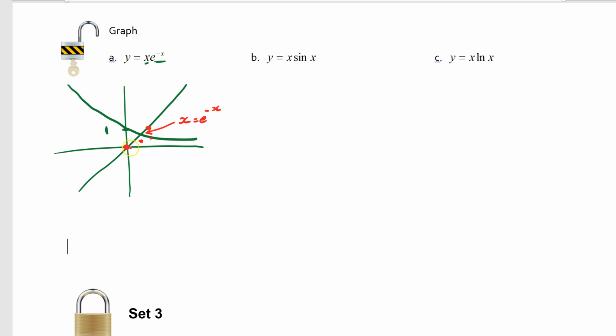When I then think about what happens out here, I'm multiplying that x value by an increasingly diminishing e to the minus x. So that's going to give us a smaller and smaller value of the product out here. And on this side, I'm multiplying negative x by a rapidly increasing positive value of x there.